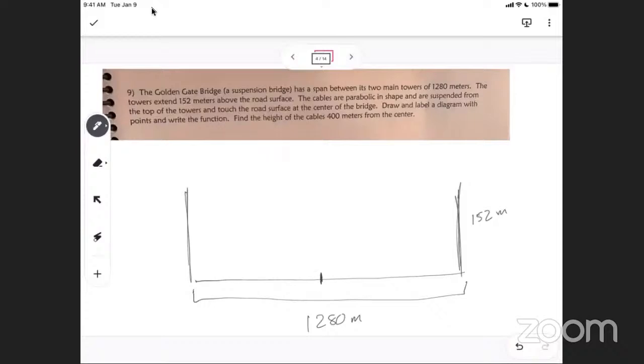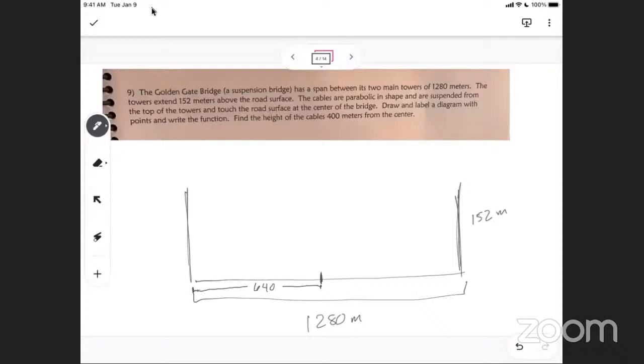All right, so here's the center of the bridge, which is how far from each side? This distance would be half of 1280, right? Yeah. So this distance would be what, 640? Mm-hmm. Okay, just because we probably are going to need that at some point.